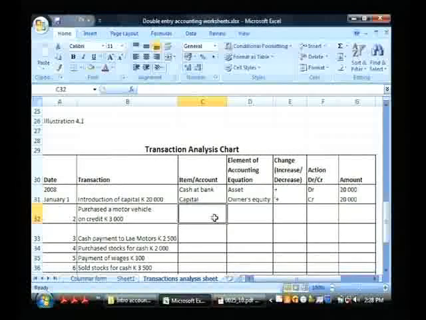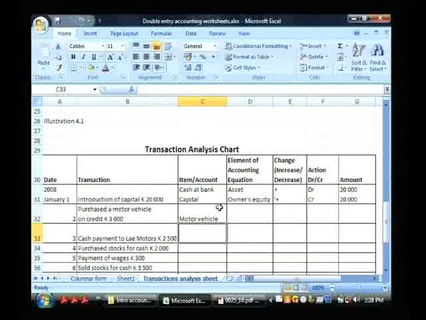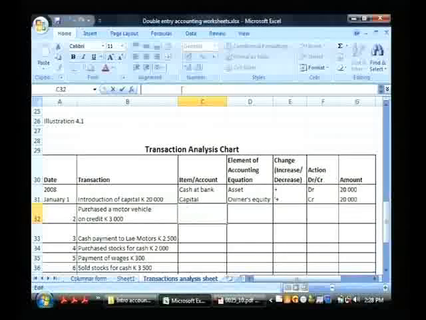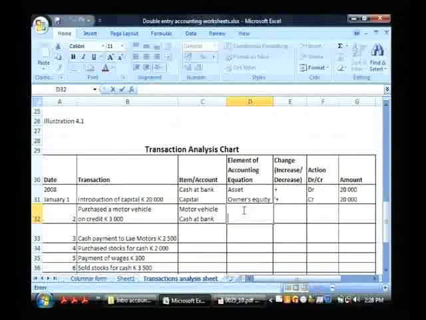Purchase motor vehicles. The accounts involved are motor vehicle. Better to write the debit entry first and then the credit entry for the account. And this is a cash payment, therefore cash at bank. Motor vehicle is an asset.